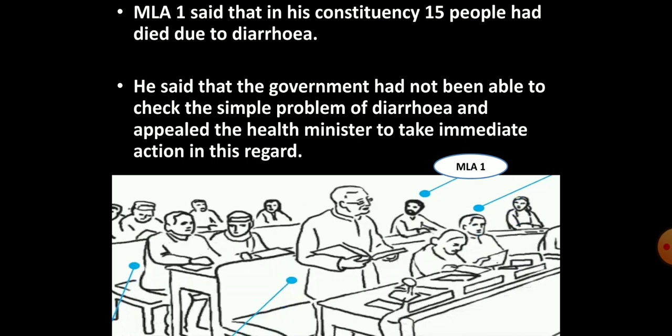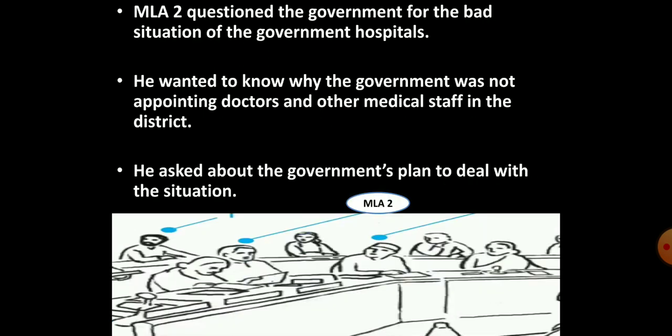So the debate began, and MLA 1 said that in Akhand, which was his constituency, 15 people died due to diarrhea in 3 weeks. He criticized the government for not being able to check the simple problem of diarrhea. He urged the minister in charge of the health department to take immediate action to control the situation.